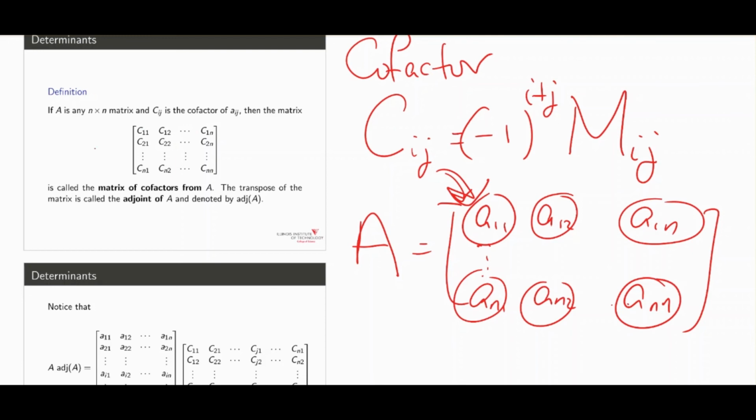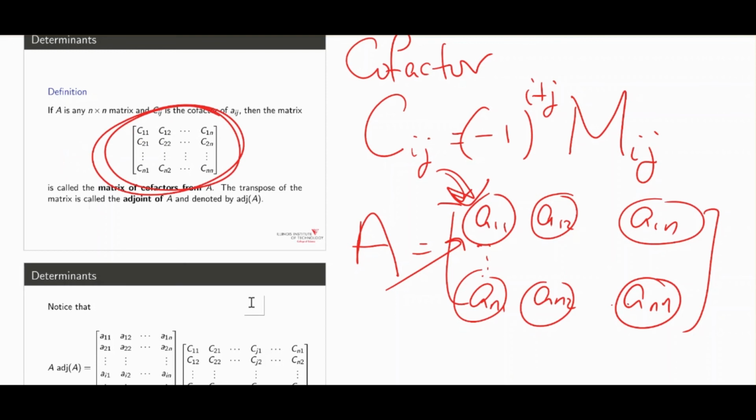Now we construct a matrix C. This is called the cofactor matrix of A. For every entry a11, you compute the cofactor and put it here, then cofactor C12, C1n, all the way to Cnn. This matrix is called the cofactor matrix.